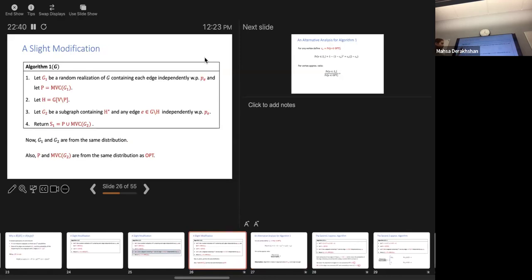G1 contains each edge of the graph independently with probability P_e, and G2 is just the realized edges, and it contains the rest of them each independently with probability P_e. So G1 and G2 are completely independent of each other, right? G1 doesn't have anything to do with the actual realization. G2 has some things to do with the actual realization, but they're independent.